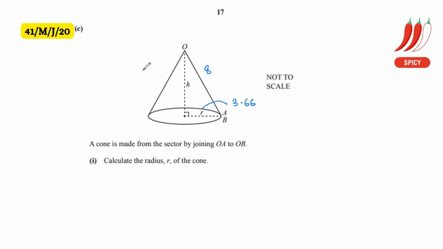As you can see, this triangle is a right angle triangle, and in a right angle triangle, if two lengths are given, I need to find the third one, which is the height in this case. We can use Pythagoras. So 8 squared, the hypotenuse squared, equals h squared plus 3.66 squared.